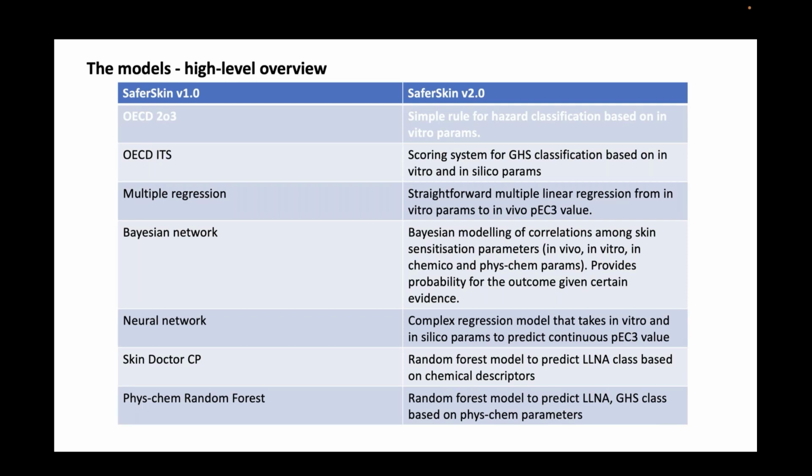And then we also implemented another random forest model, which predicts based on the physchem parameters provided for your compound. And it can then classify it into the LLNA and GHS classification schemes.